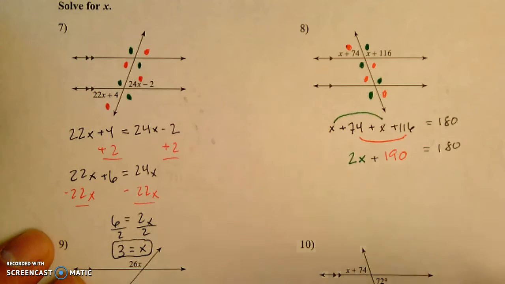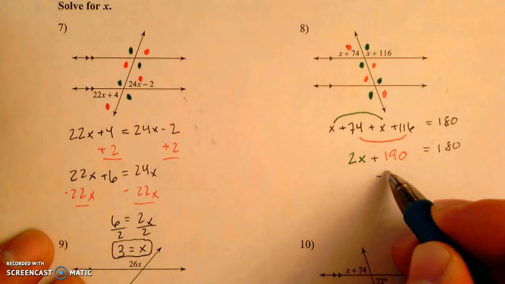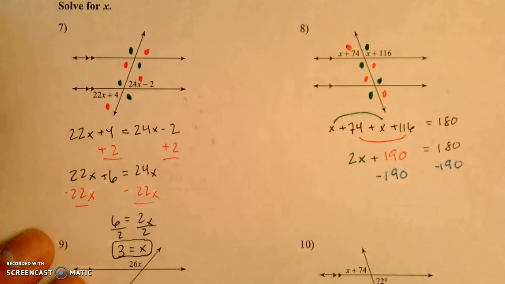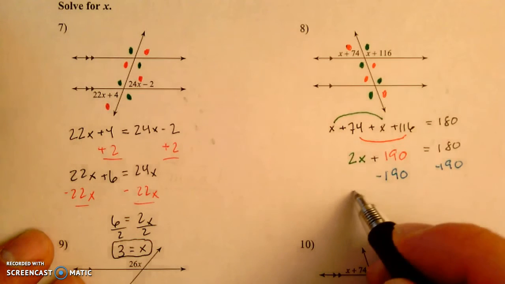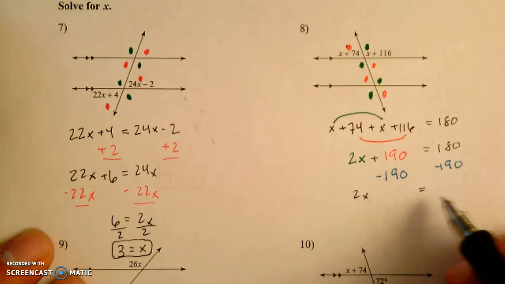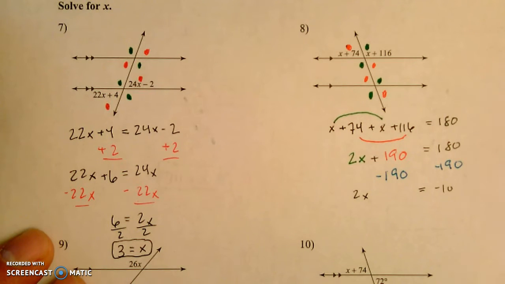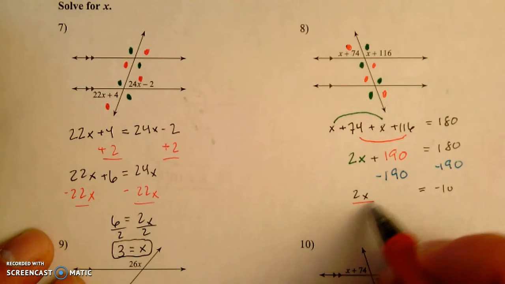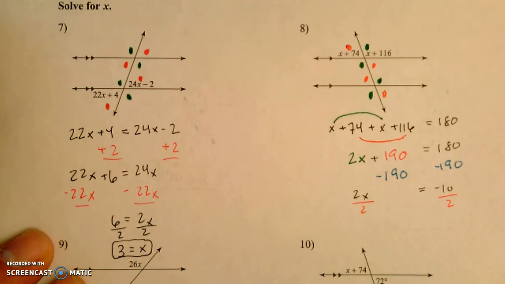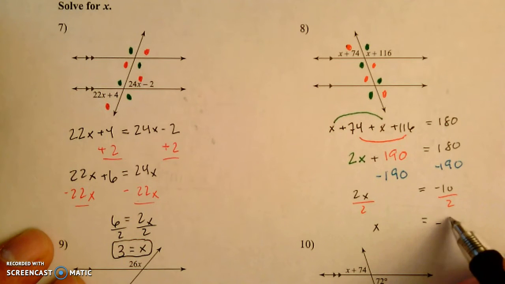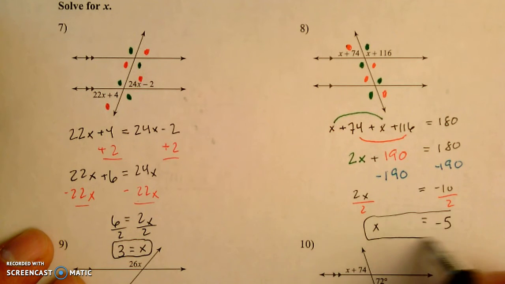See, we'll want to get the 2x by itself, so we're going to subtract 190. And then that leaves us with 2x equals negative 10. And then we'll just divide by 2. And we end up with x equals negative 5.